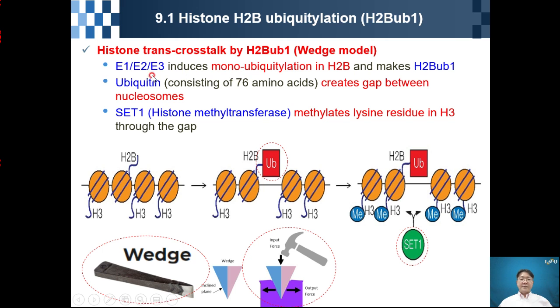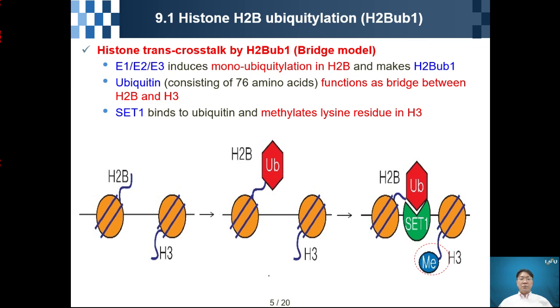We call this model the wedge model. Next, we also have the bridge model, and I will explain it first. E1, E2, E3 induce monoubiquitylation, especially in H2B, and make H2B UB1, like this.